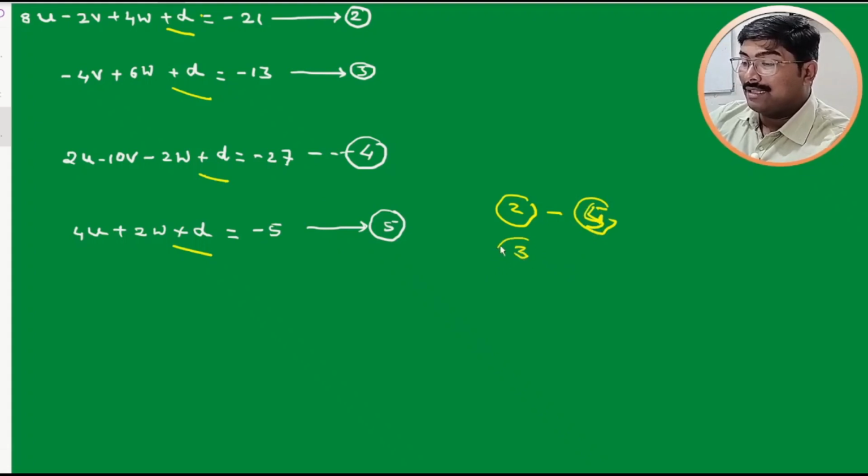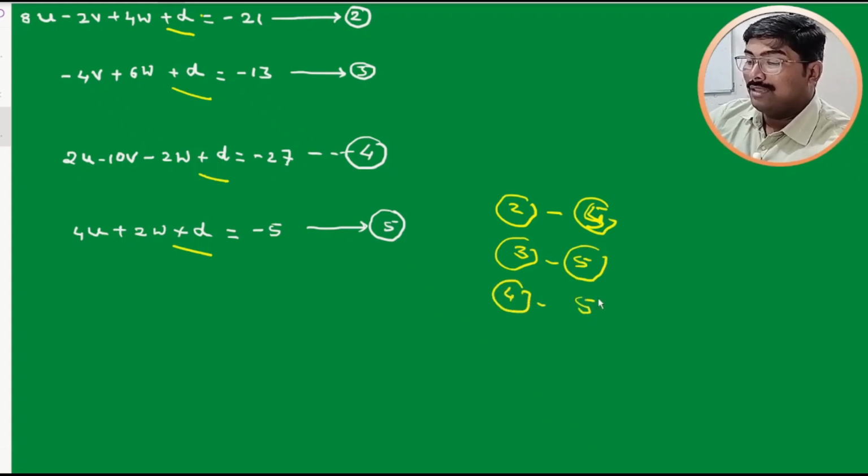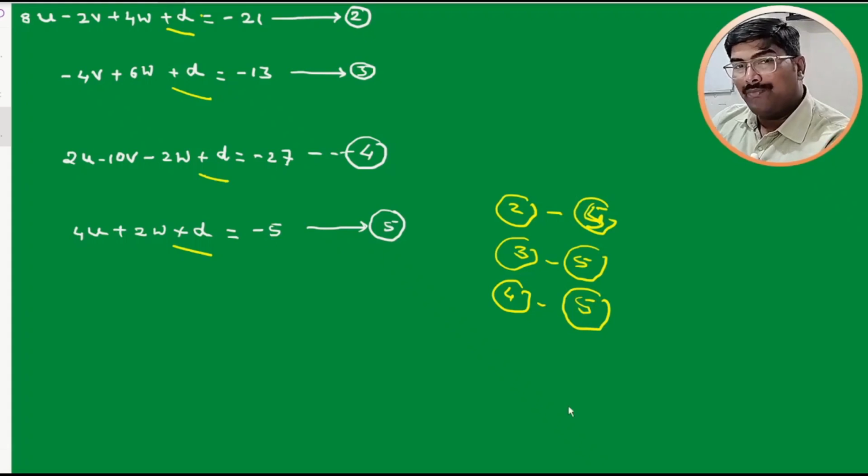Similarly, equation 3 minus equation 5, again d gets cancelled. Similarly, equation 4 minus equation 5, then also d gets cancelled. So we have to operate equation 2 minus 5, equation 3 minus equation 5, equation 4 minus equation 5.